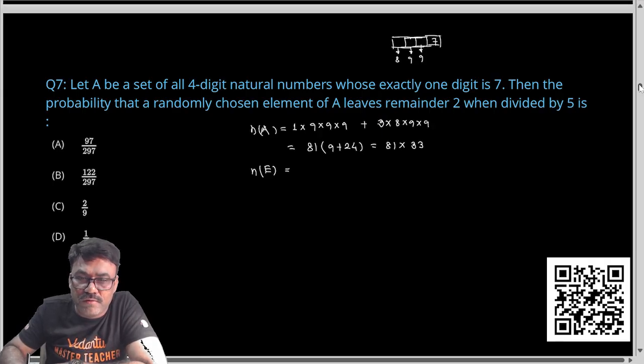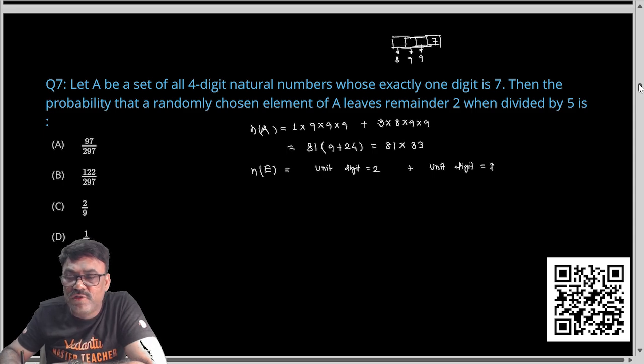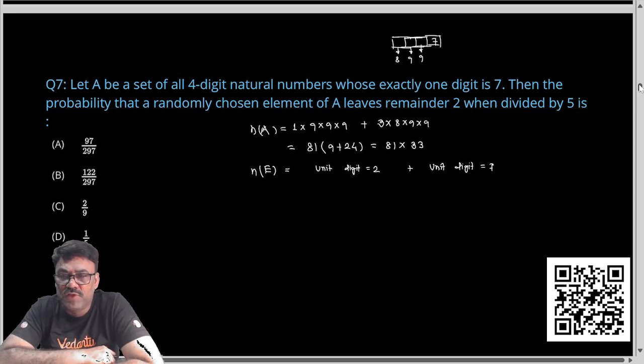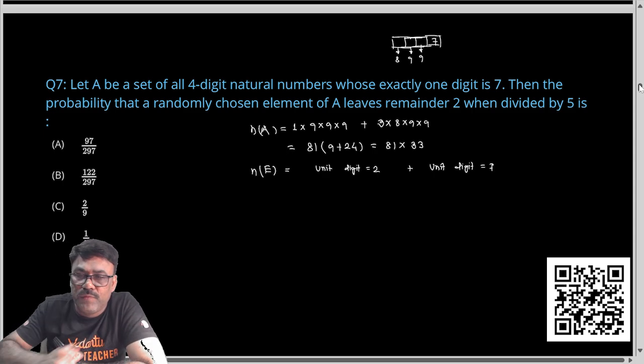The unit digit must be 2 or the unit digit must be 7. And there is one more restriction: 7 must be used exactly once. So let's form the number.